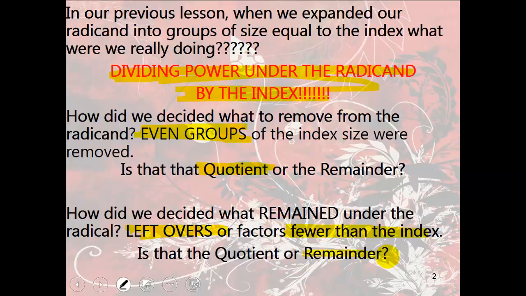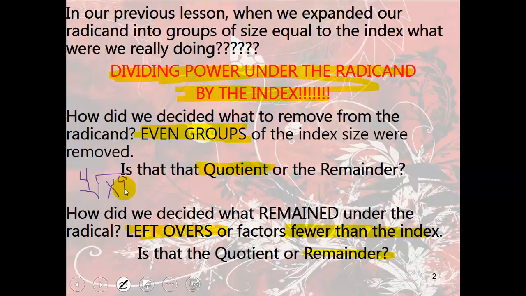So let's look at an example. Let me change my pen here. All right, so if I looked at the fourth root of x to the ninth, I could write x 9 times and group them in 4s, right?